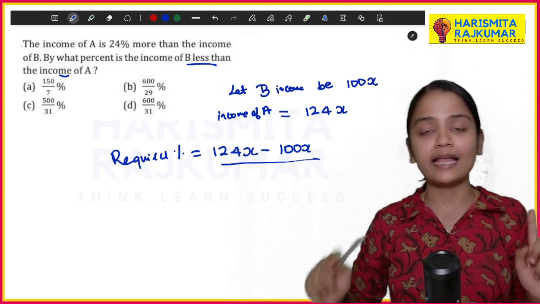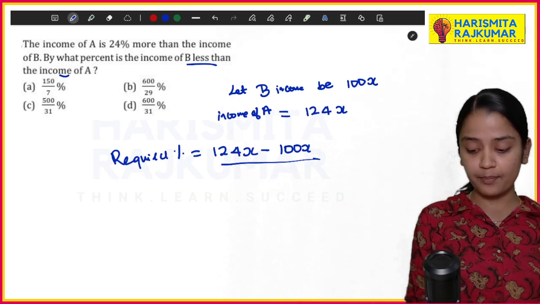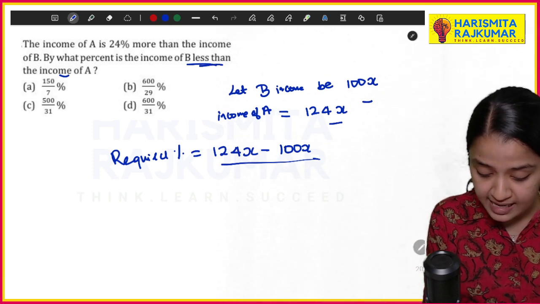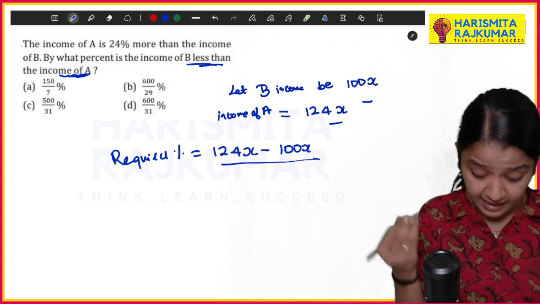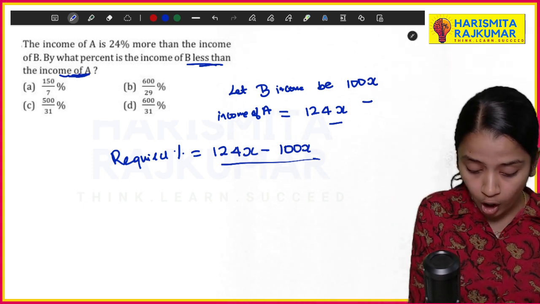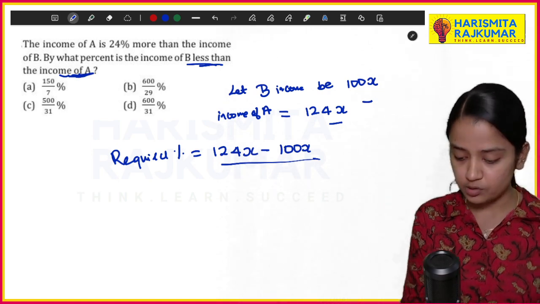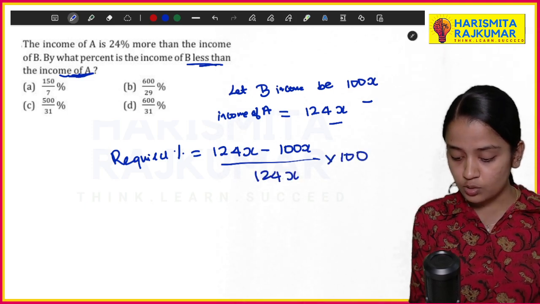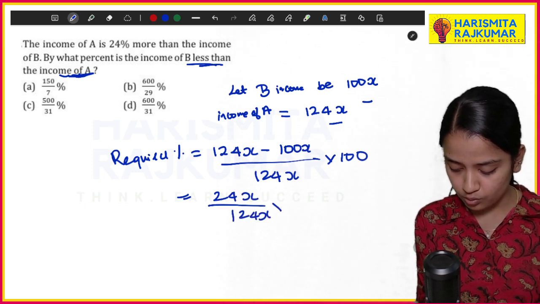If you want, I'll give the link below in the description box. You can go check it. Since it is less than the income of A, A will be the denominator. So it is 24x by 124x into 100.